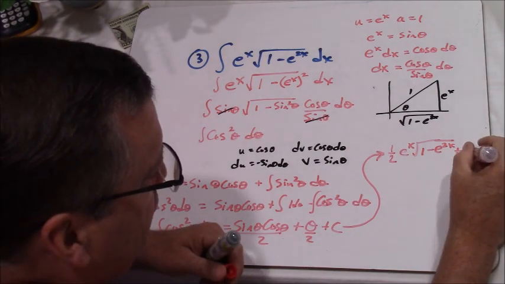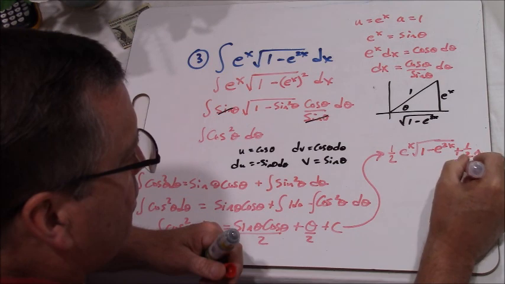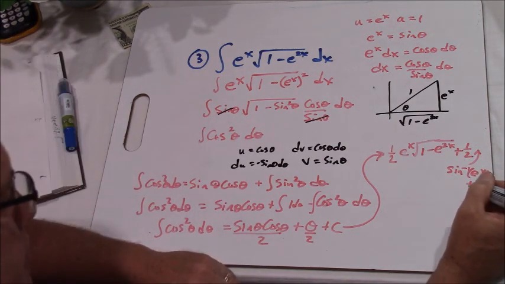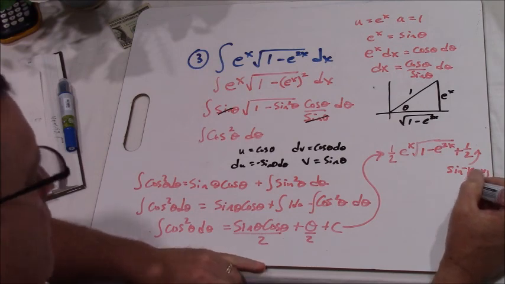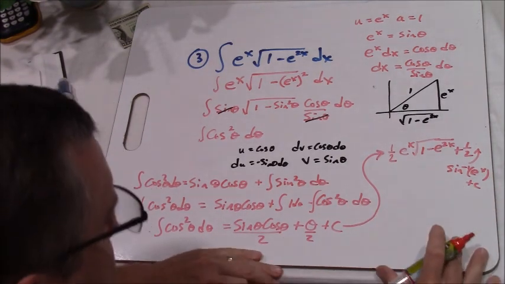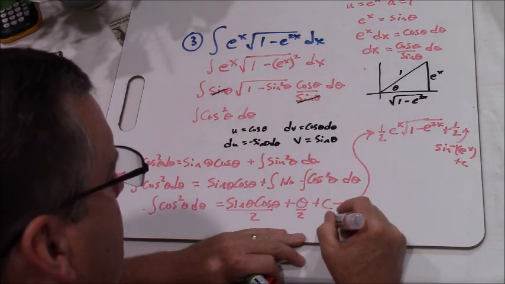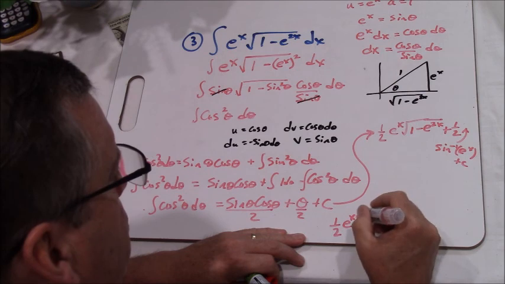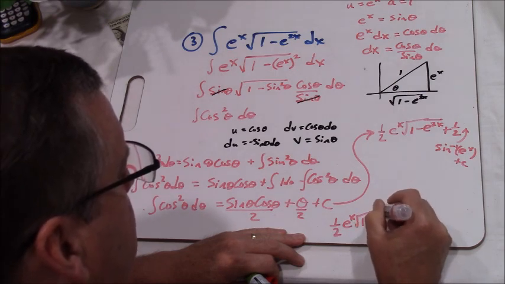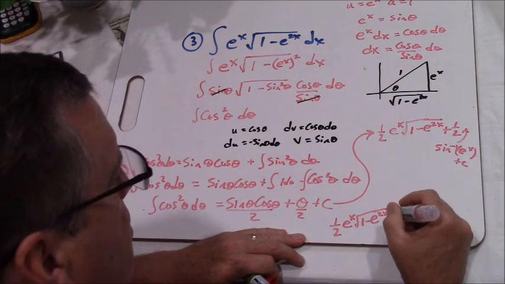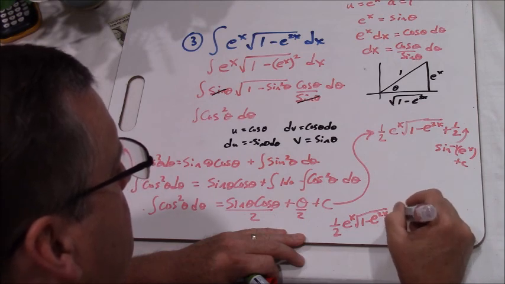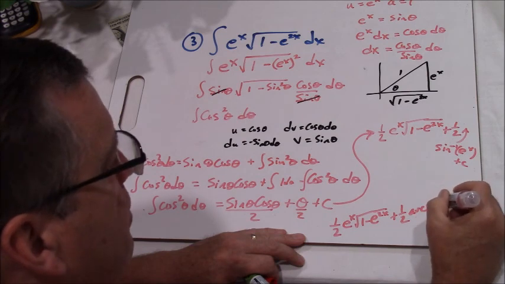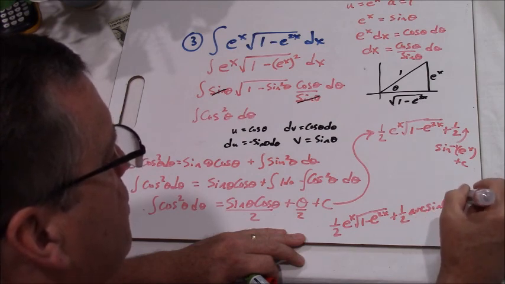I can't fit that up there. Sine to the -1 of e to the x plus c. So here's my final answer. I've got 1/2 e to the x root 1 minus e to the 2x plus 1/2 arc sine e to the x plus c.